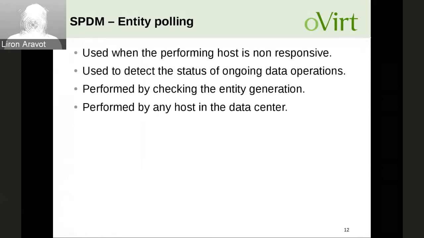That way, even if we lose connectivity to that host, we can use another host which has access to the shared storage to poll the entity. If the other host reports that the entity generation was incremented, we know that the operation ended successfully.